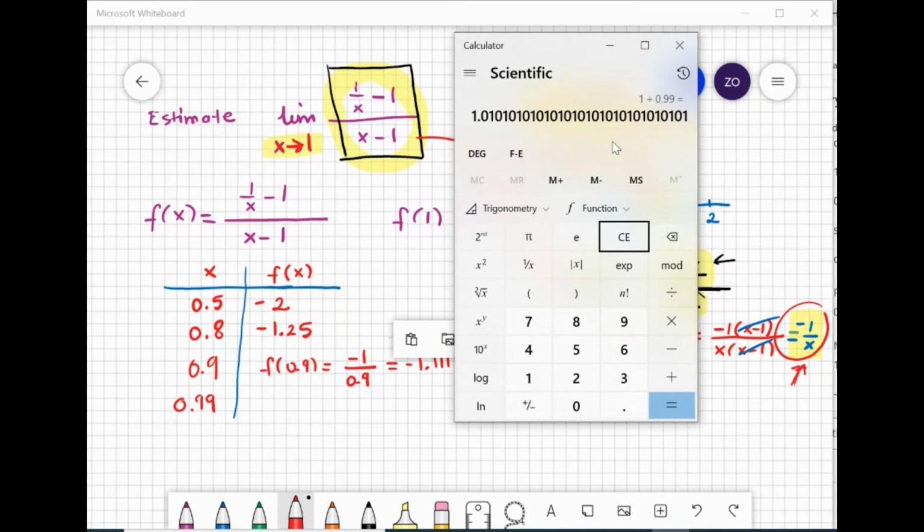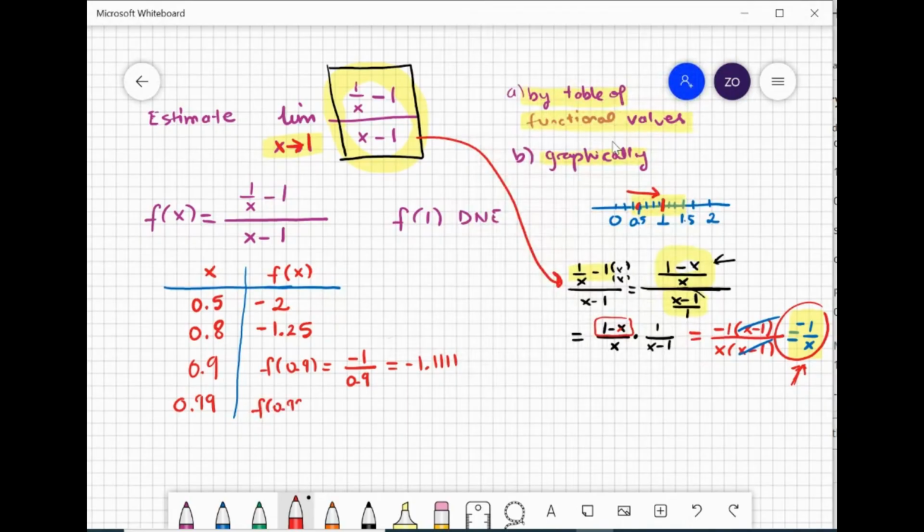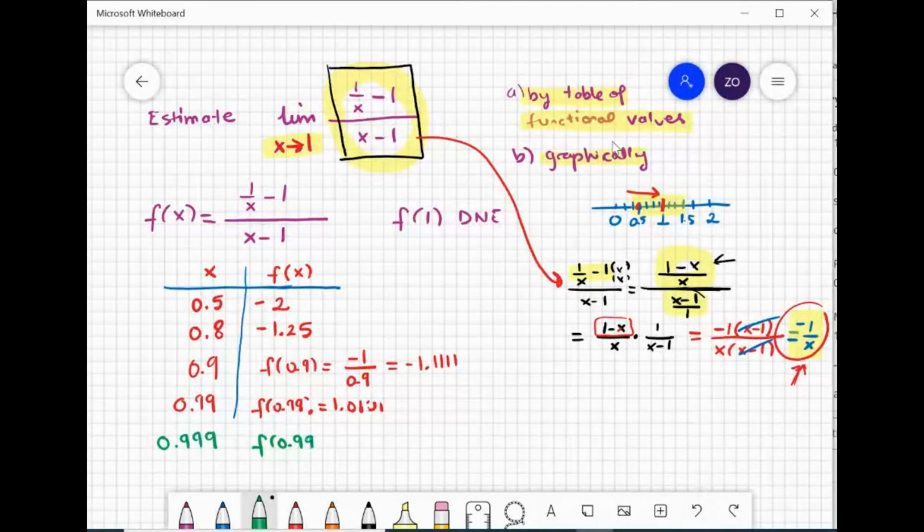So when we plug in 0.99, f of 0.99 equals 1.010101, and so on. So what do you expect these values to approach? You want to do another example, you want to try it with one other number, let's say 0.999. When you plug it into the function, what do you find? It's approaching 1, right?